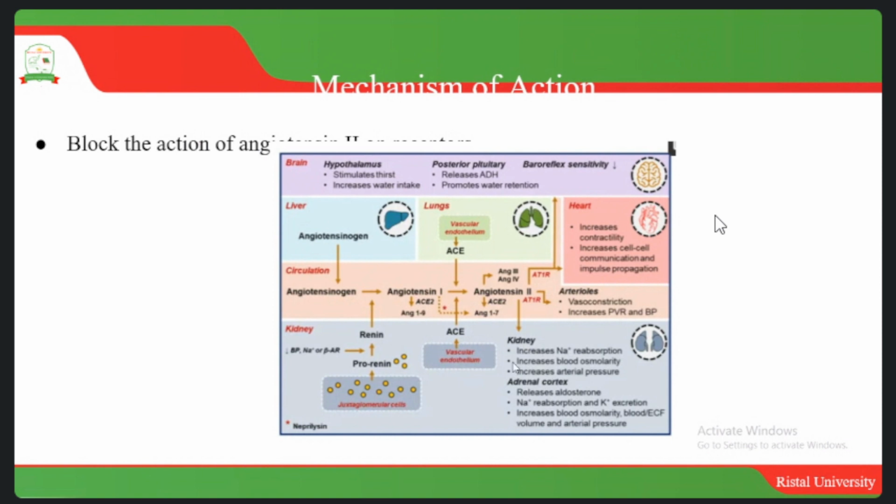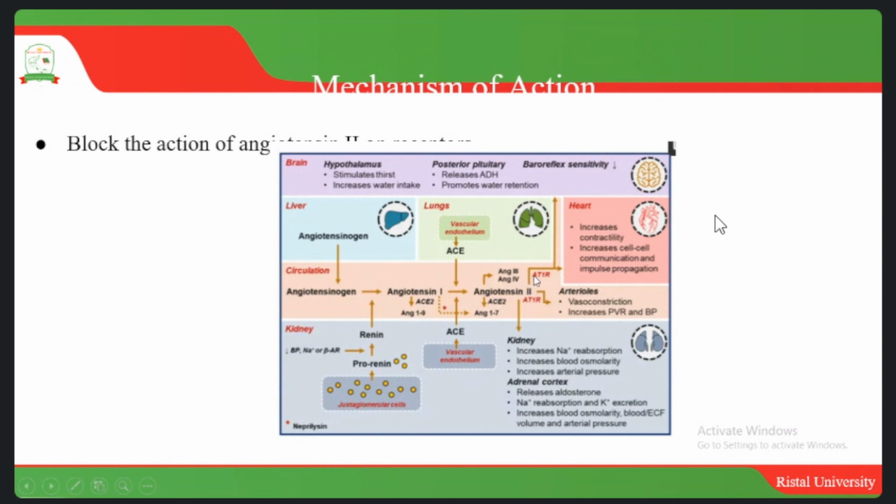So this angiotensin is a kind of enzyme. It causes a lot of issues in our kidneys in relation to sodium ion reabsorption, causing retention, and this will increase the arterial pressures, which will affect the entire circulatory system.